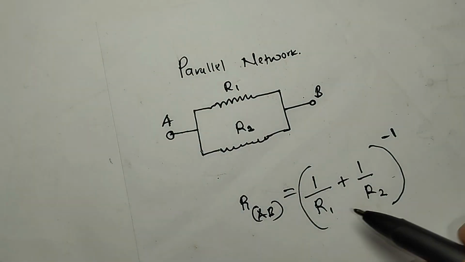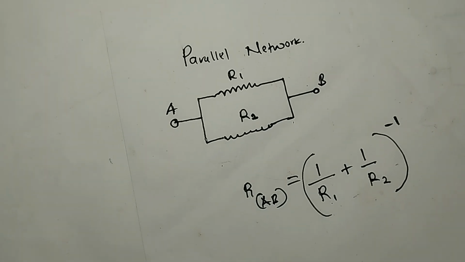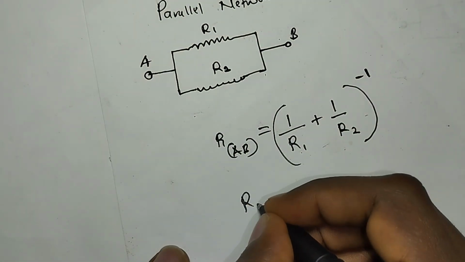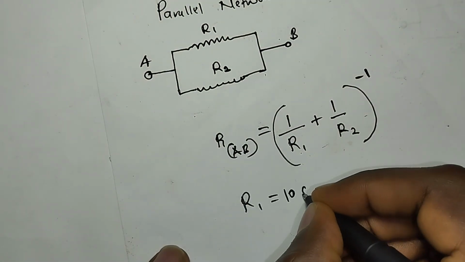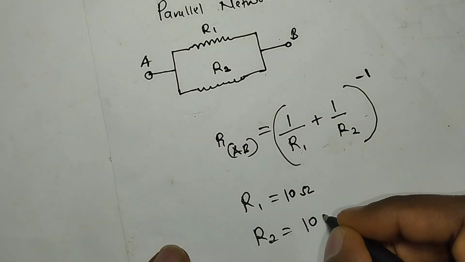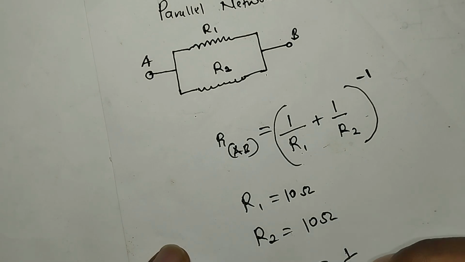In short, you get the reciprocal of the total. So assuming that our R1 equals 10 ohms, our R2 equals 10 ohms. So RAB equals 1 over 10 plus 1 over 10.